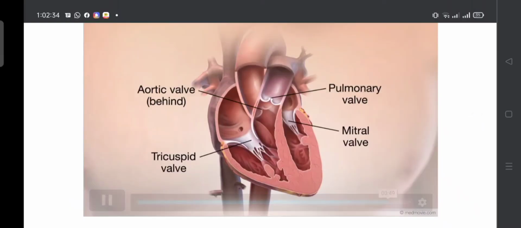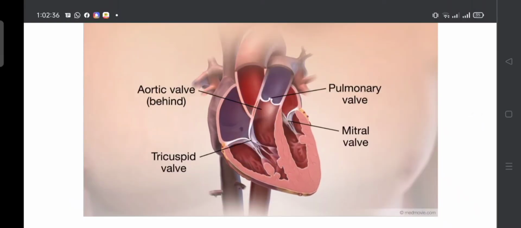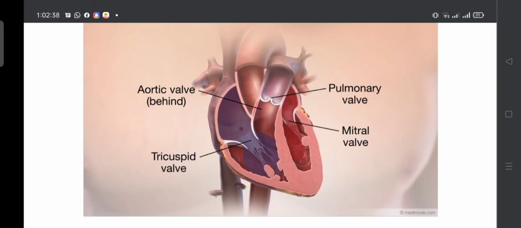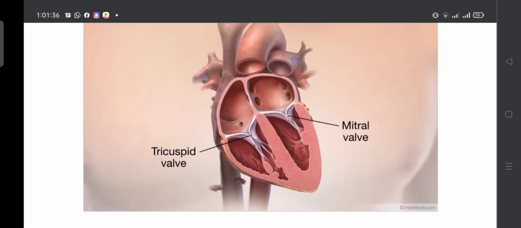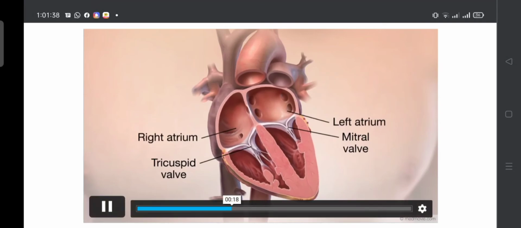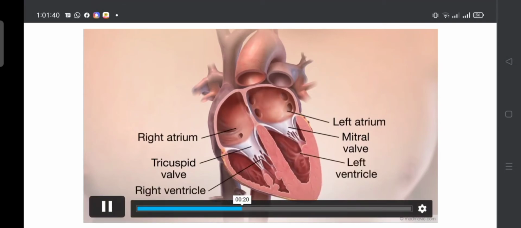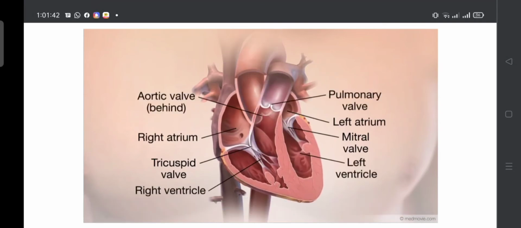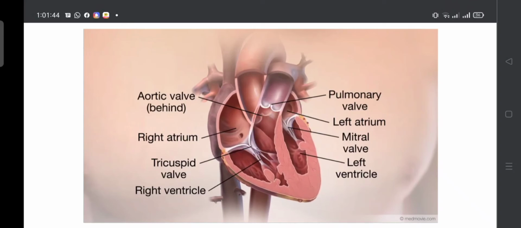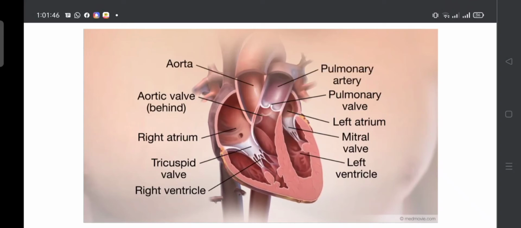Here you can see the tricuspid valve and the bicuspid, that means the mitral, valve. On the right side you can see the tricuspid valve and on the left side you can see the mitral valve, in the right atrium and left atrium. See the opening, how they are opening, the tricuspid and bicuspid valves.